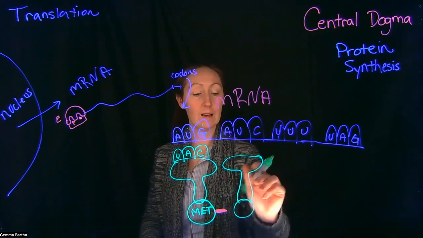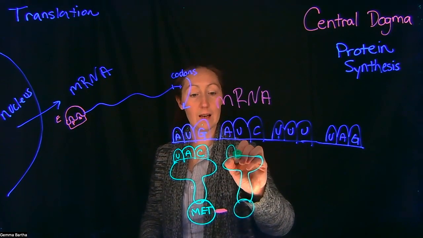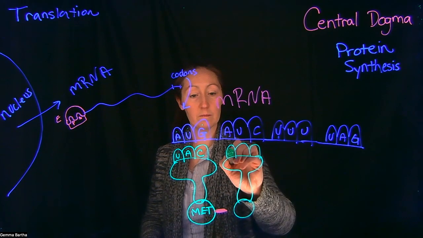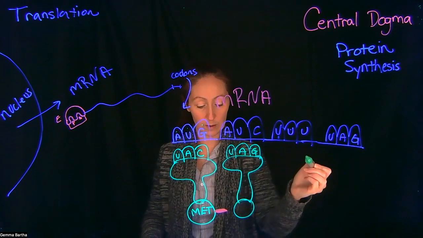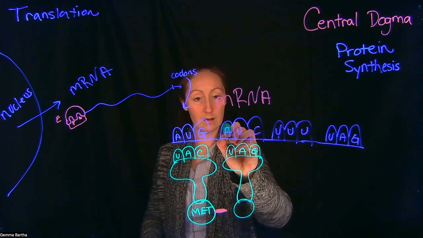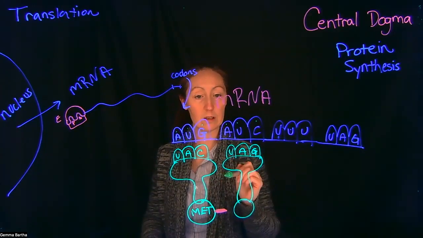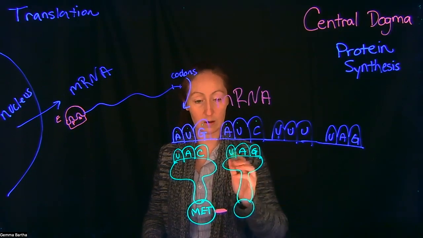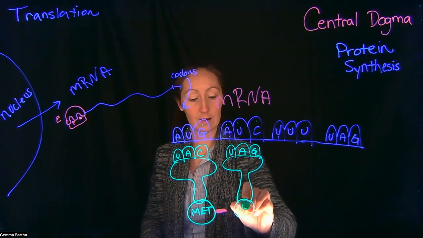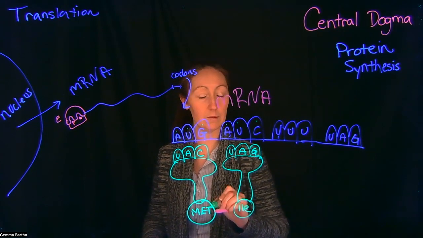This is going to have UAG. Now, UAG doesn't really matter. We want to look at AUC. If we look at AUC on our genetic code table, it's ILE, isoleucine.